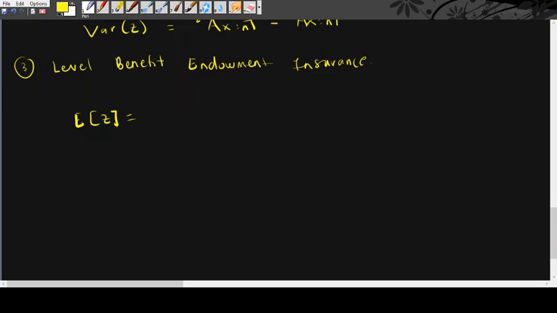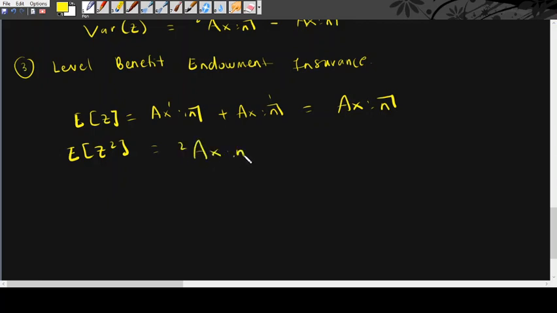So you are going to have A_x:n with 1 plus A_x:n with 1 below the n, which equals A_x:n. The expected value of z squared equals 2A_x:n, and the variance of z will equal 2A_x:n minus A_x:n squared.